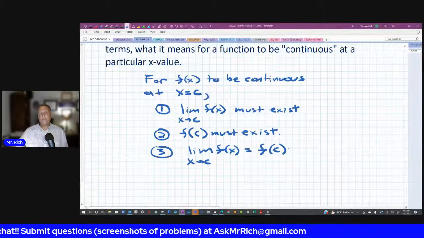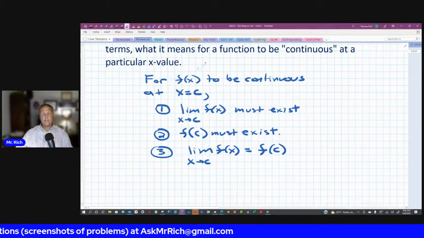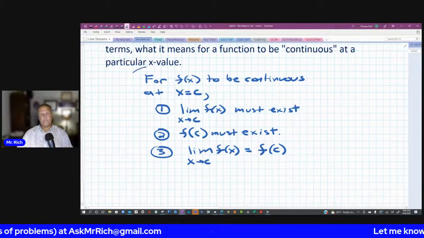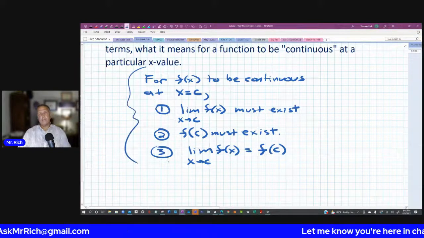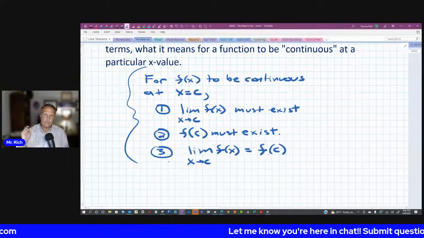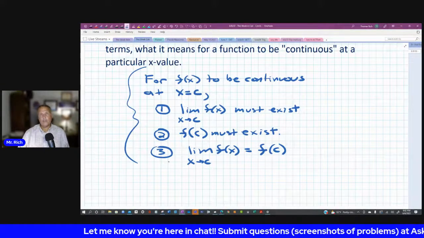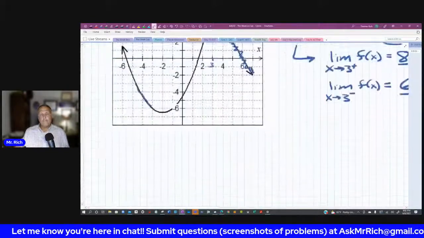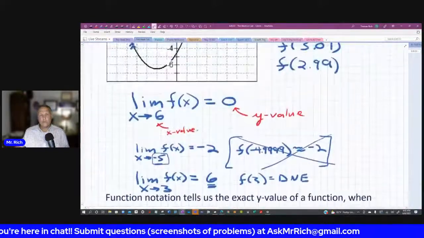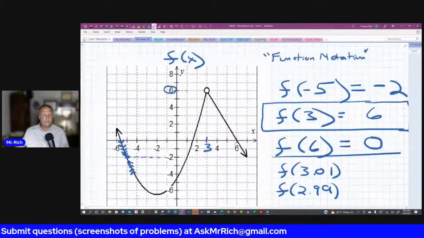So for example, let me show you what I mean by this. And this is our definition for continuity. You'll see many different types of problems thrown at you where you'll use this definition of continuity. But let me go back to our original function and we'll close it out with this.